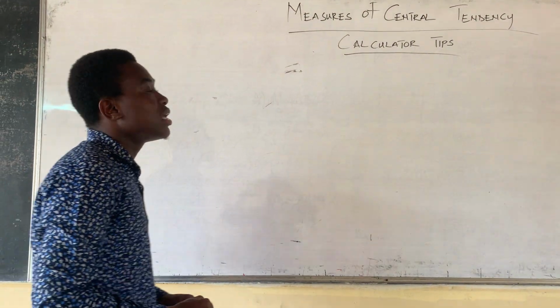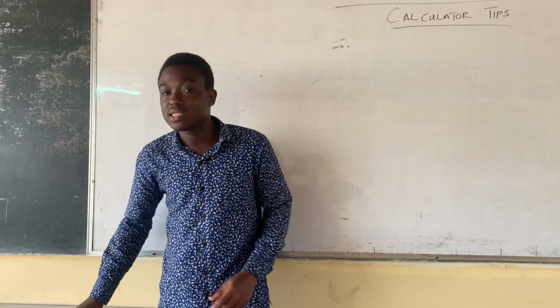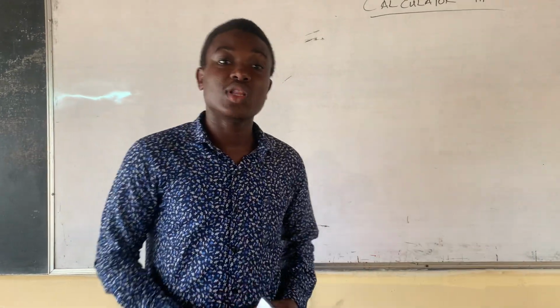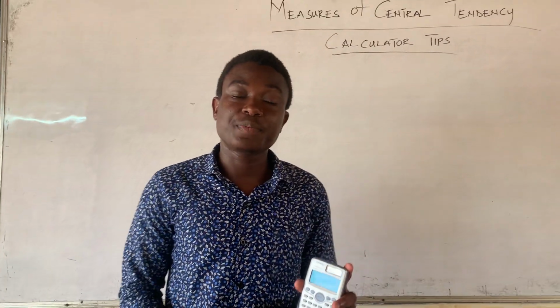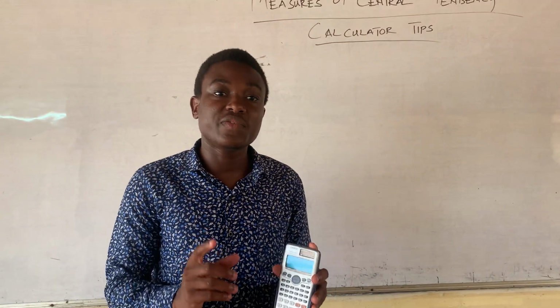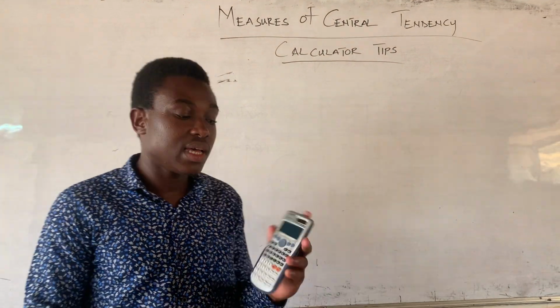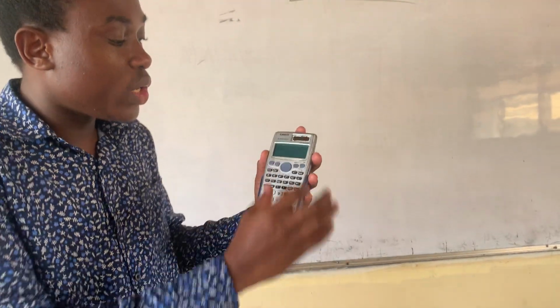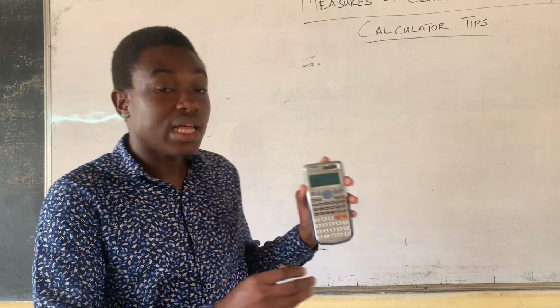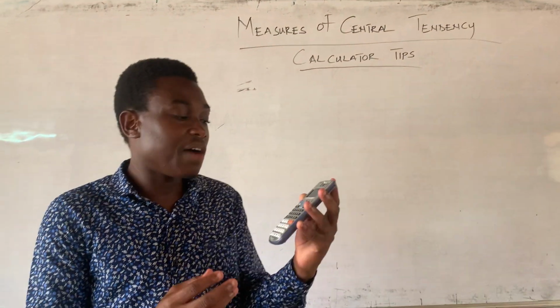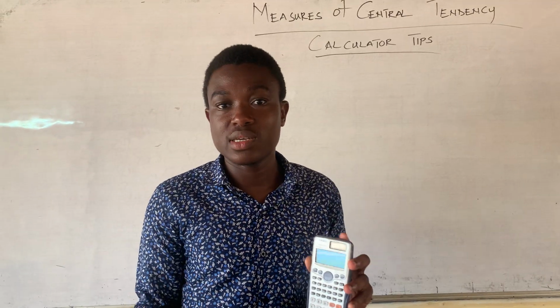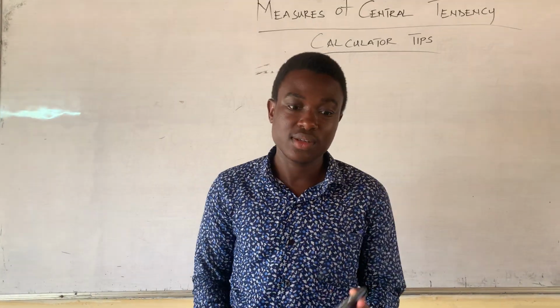Okay, so let's take our calculators and quickly look at some of the functions that we have on the calculator. When you take your calculator, the first thing you need to look out for is the colors in which the texts are written. We have texts in red and texts in yellow or orange, based on the calculator you are using.